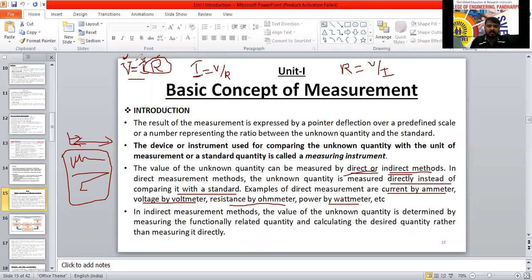Suppose I want to measure voltage, but I don't have a voltmeter. I have a voltmeter and I have an ammeter, but I want to measure the resistance. Is it possible?